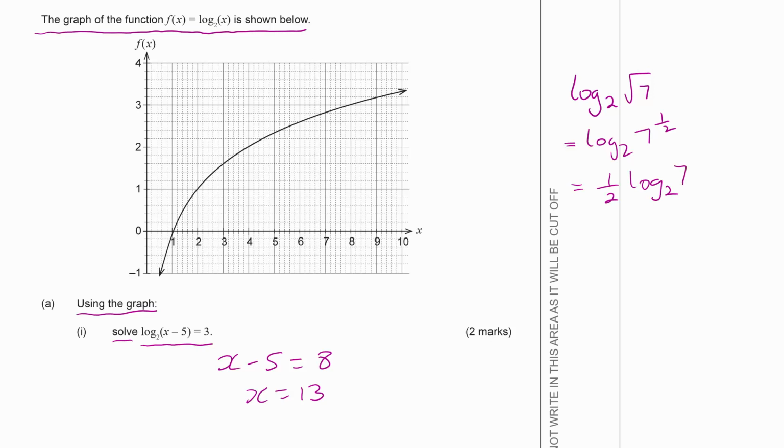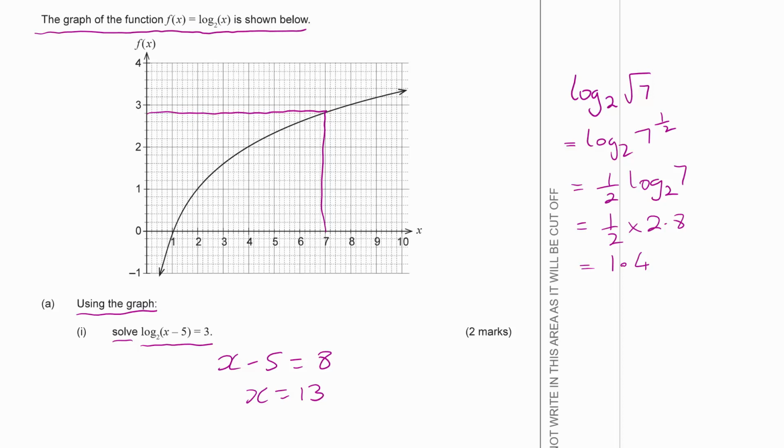Now from the graph, log to the base 2 of 7 is 2.8. So this is half times 2.8, which is 1.4.